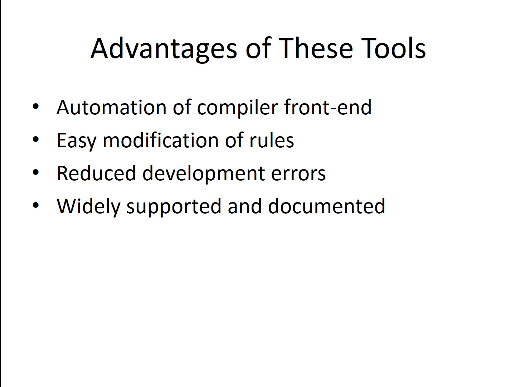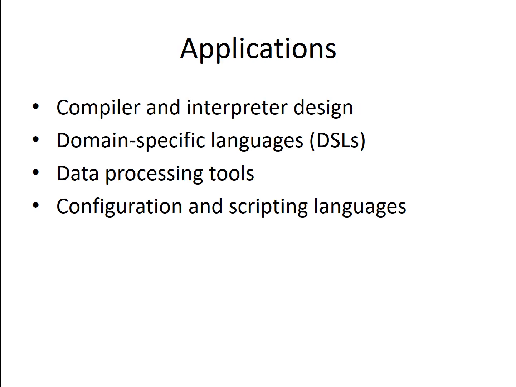And it reduces development errors, like simple mistakes or typing mistakes committed by users. And then Lex, Flex, YACC, Bison all have widely supported and well documented help, so that we can avoid errors while using these tools.